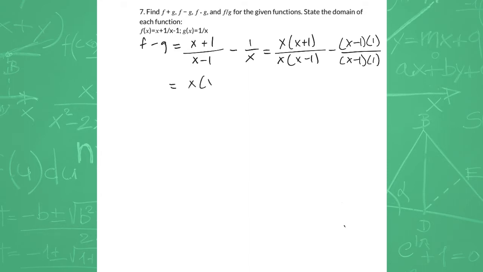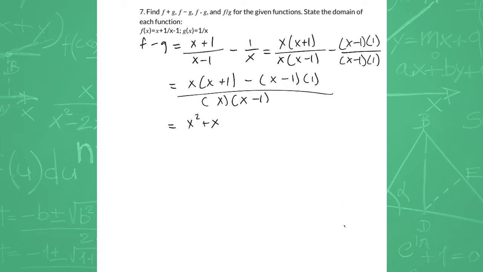Then we would subtract them just as we would subtract two fractions. Distribute our x through x plus 1, and we get x squared plus x. And we distribute our 1 through x minus 1, and we get x minus 1.